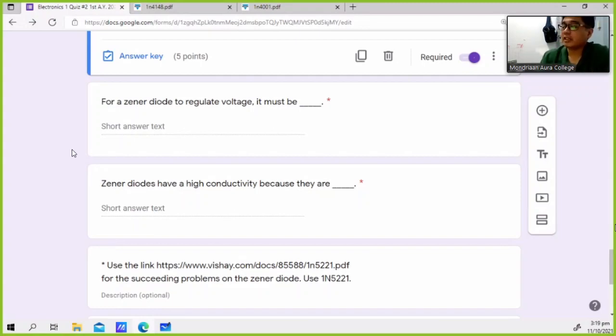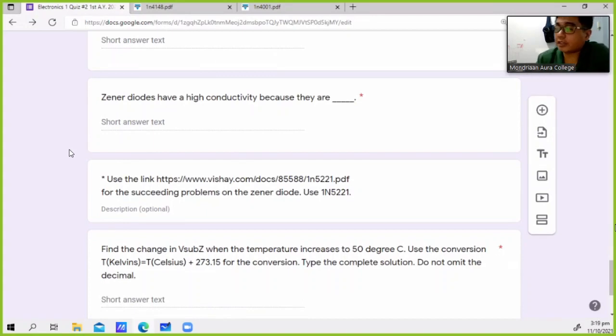Okay, next. Zener diodes have a high conductivity because they are heavily doped. Ano na nga ulit ang purpose ng doping? Ang doping is a process wherein we inject impurities into intrinsic semiconductor materials. Yung mga puro, nilalagyan natin ng extender.